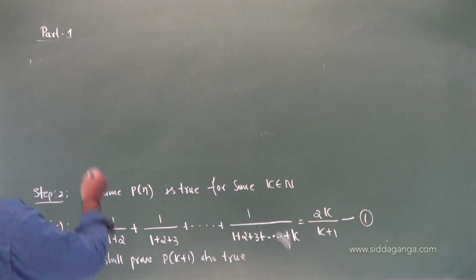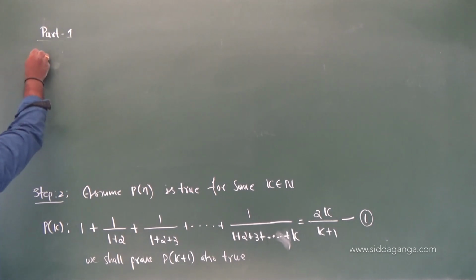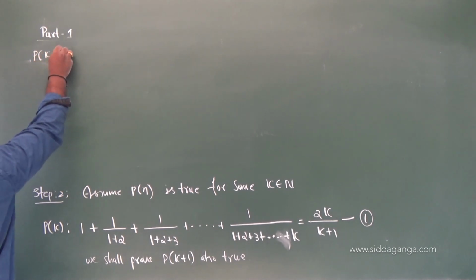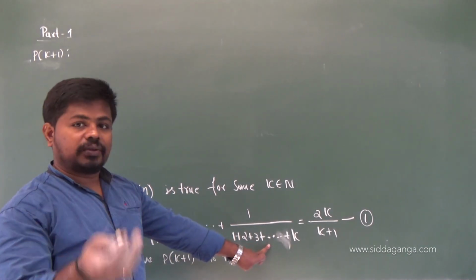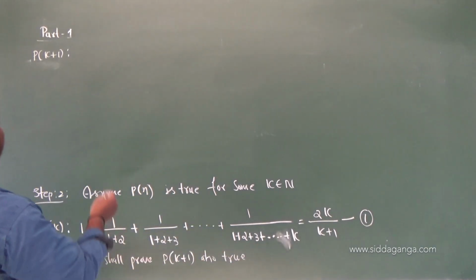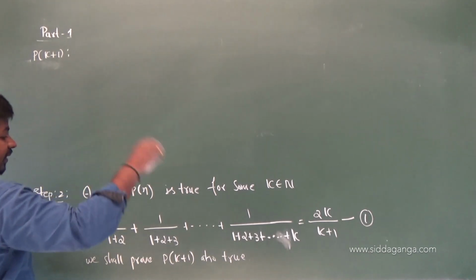What is P of k plus 1? So P of k plus 1 is the same. This is till the kth term, right? For the next term, you write the k plus 1th term.